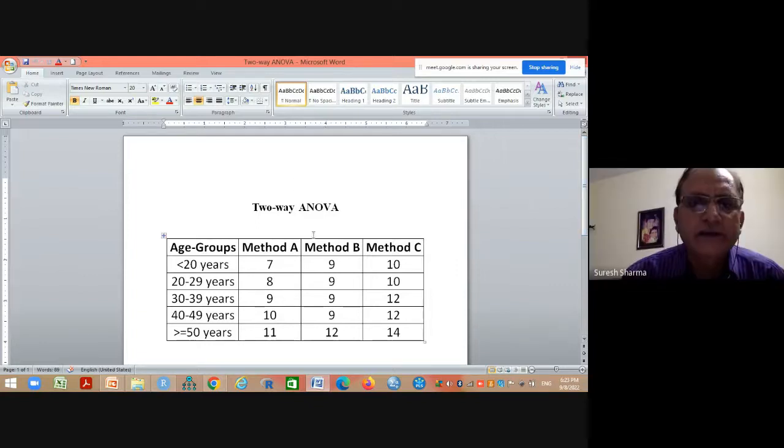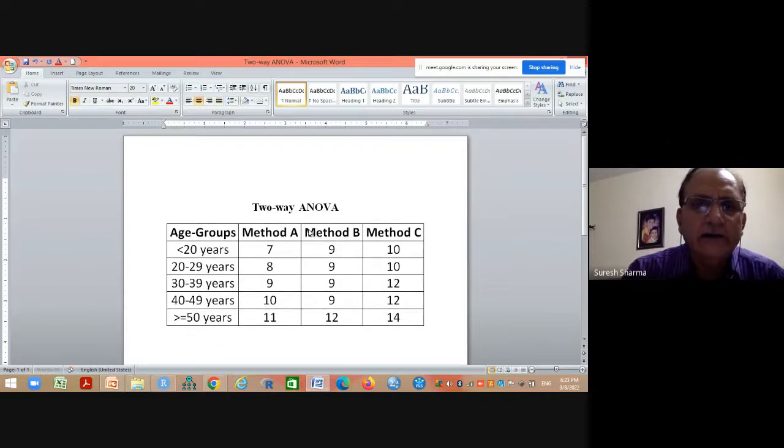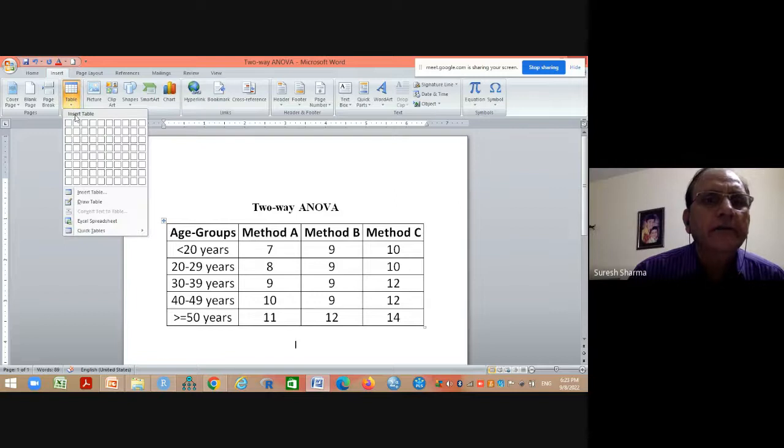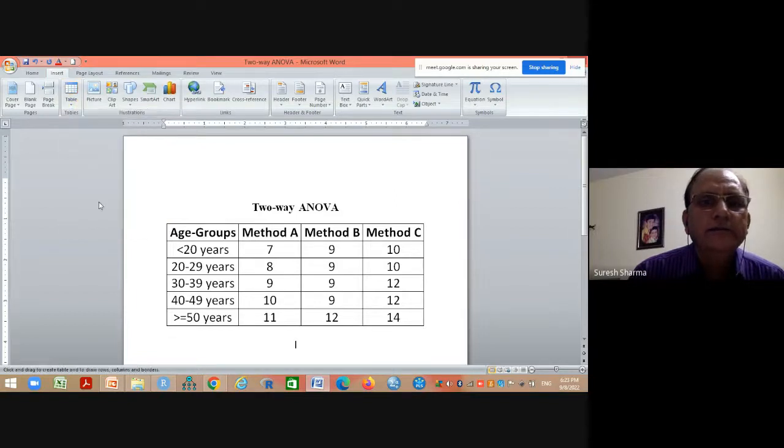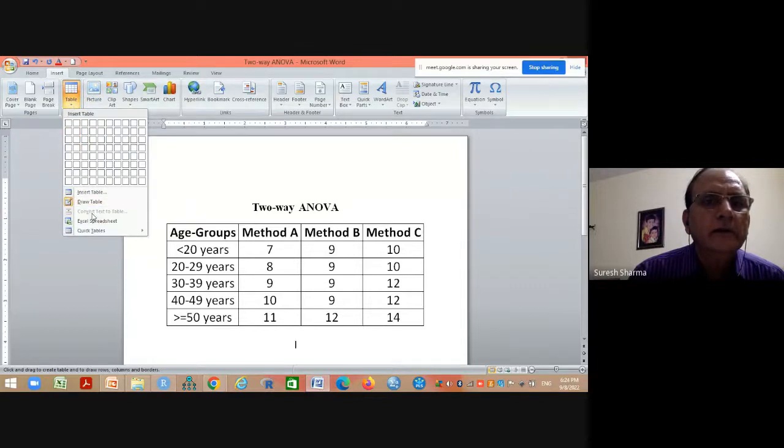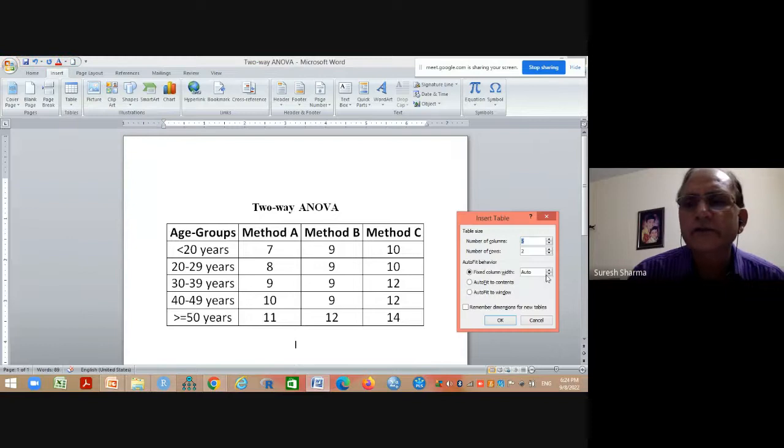Now, if the question is clear, then how to feed this data? I'll take up 7, 9, 10, the first row. This is how I'll feed the data. Insert table. It is asking the number of rows.